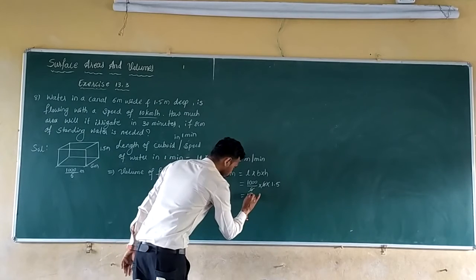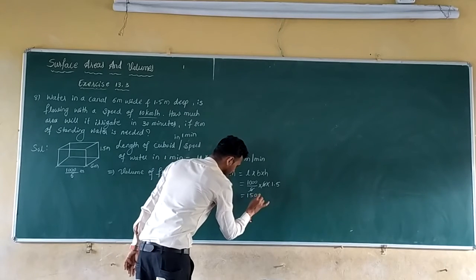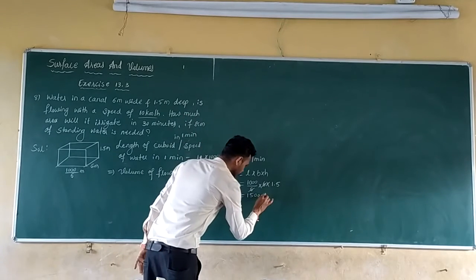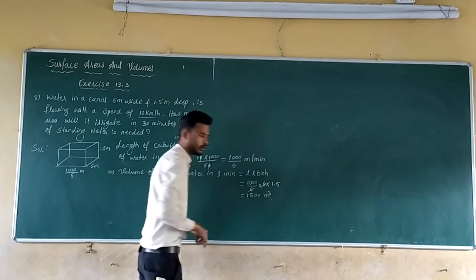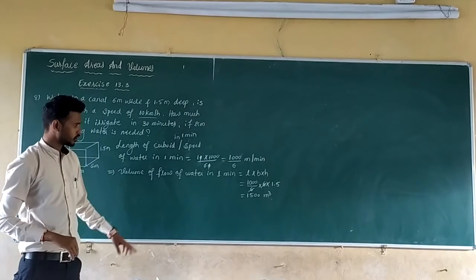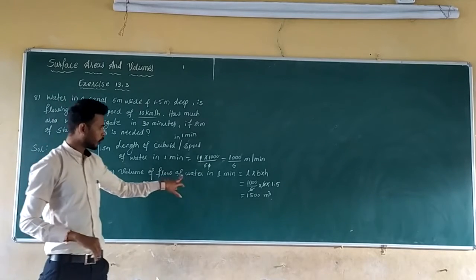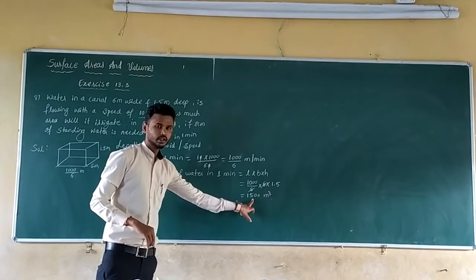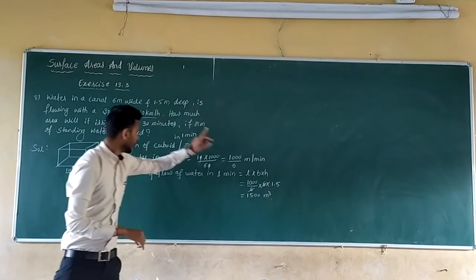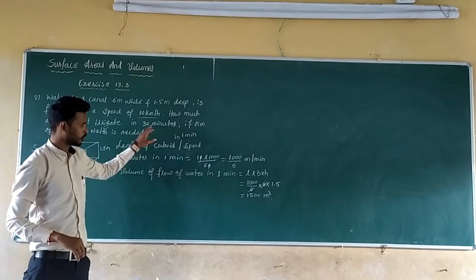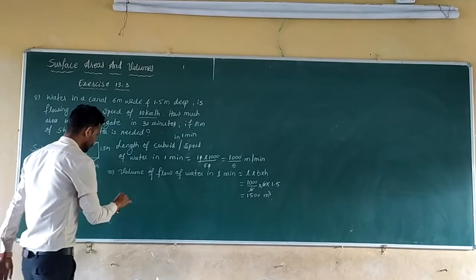You will get 1500 meter cube. So this is the volume of flow of water in 1 minute, 1500 meter cube. But we need it for how many minutes? 30 minutes. So multiply this by 30.